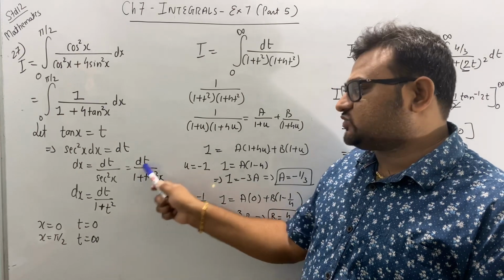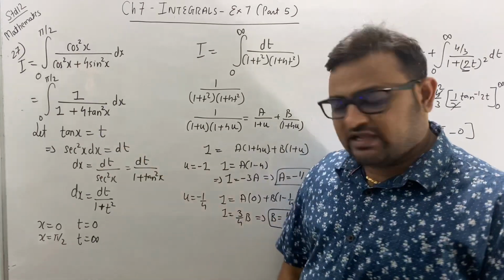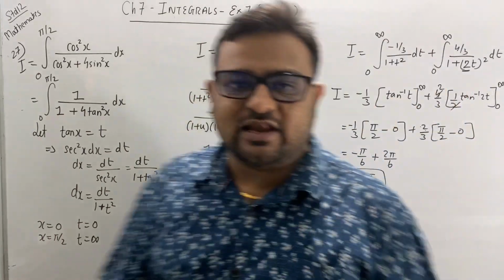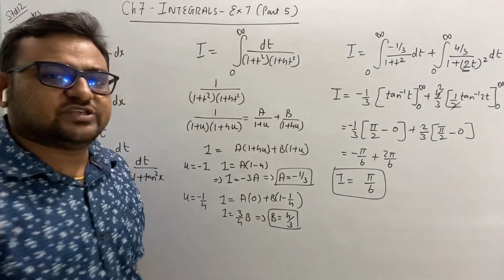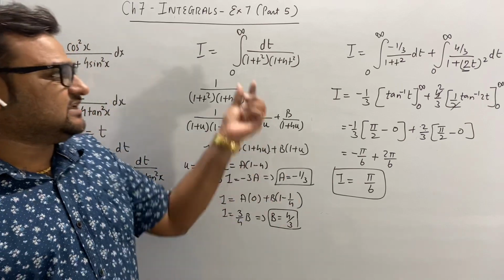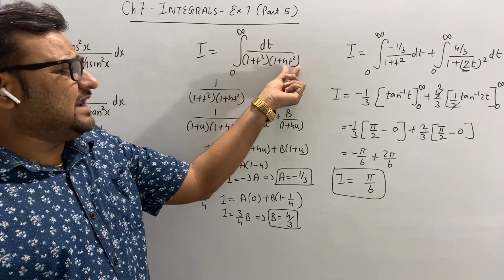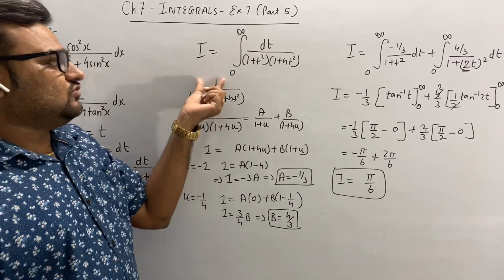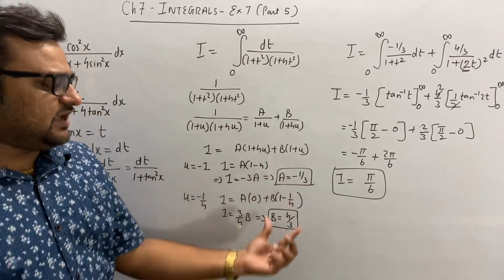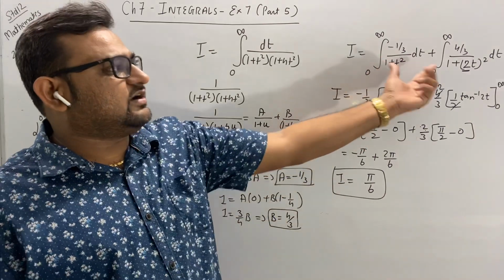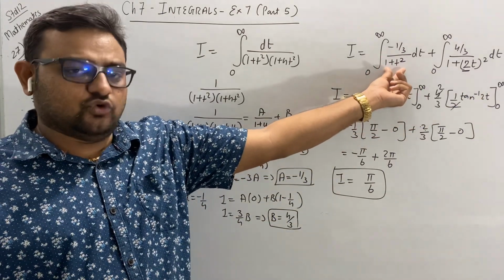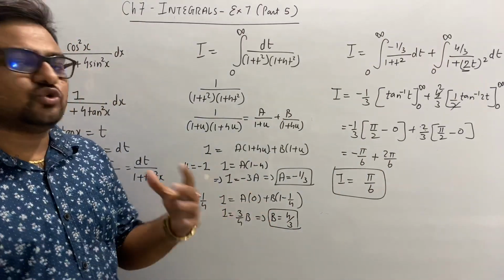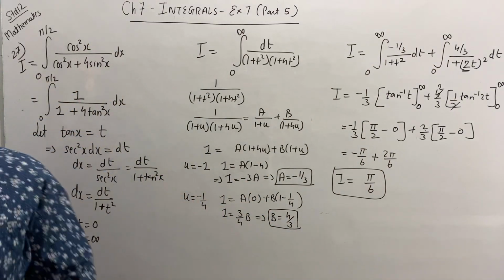Then again tan x we put as t and changed the upper and lower limits. Now using partial fractions, I have considered t square as u just to split the numerator, found out the a and b values, and again put the value of t square instead of u, and then solved it. Clear? So just go through question number 27.